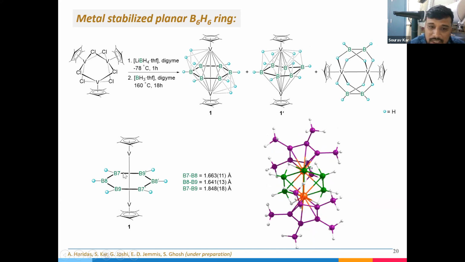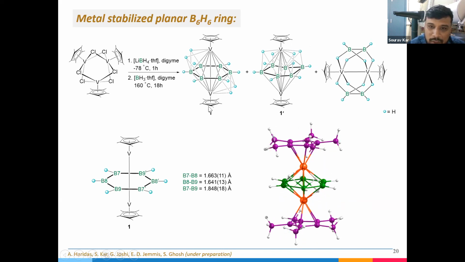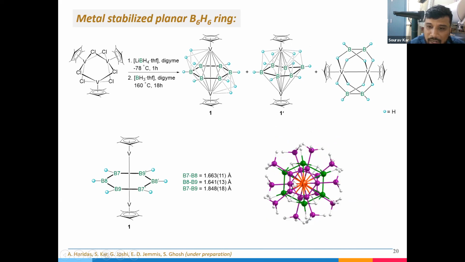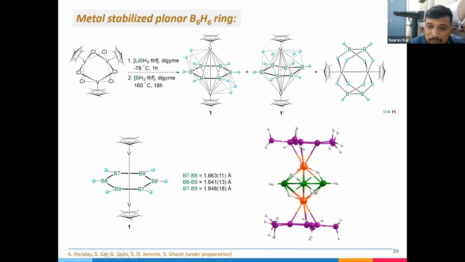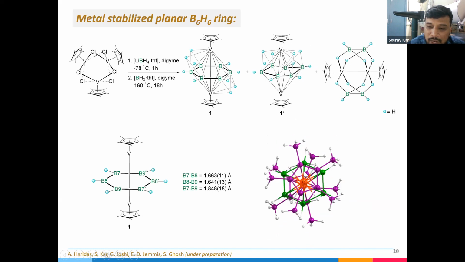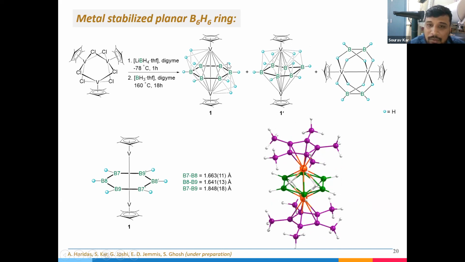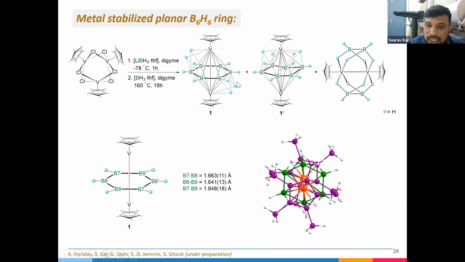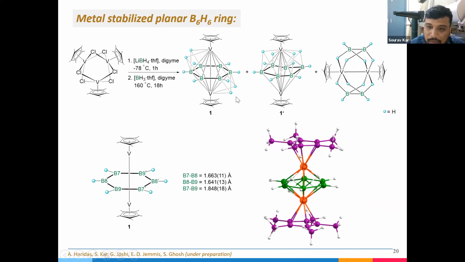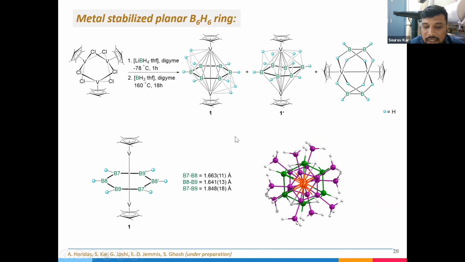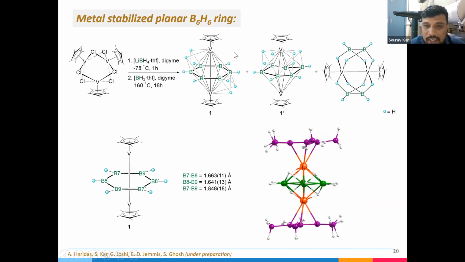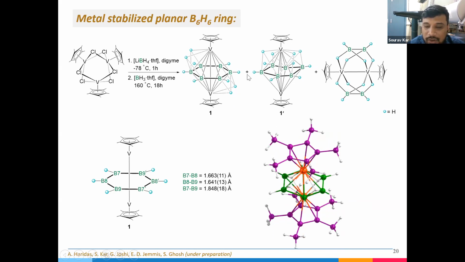So here you can see this B6H6 is almost planar. The planar one I have shown here, and this B6H6 gets stability through the mu-3 bridging hydrogen. The neutron diffraction study to finally locate this hydrogen is going on in ANSTO.